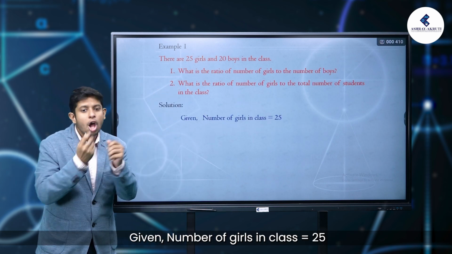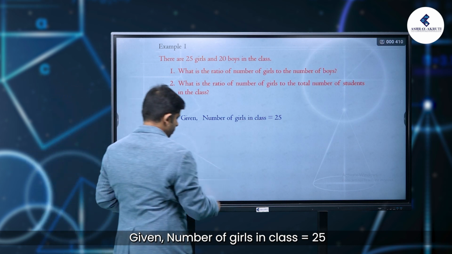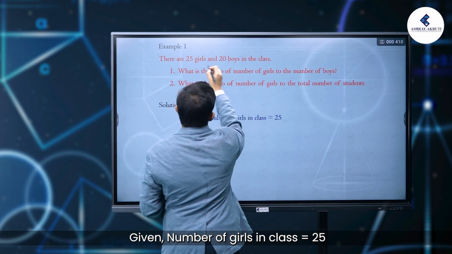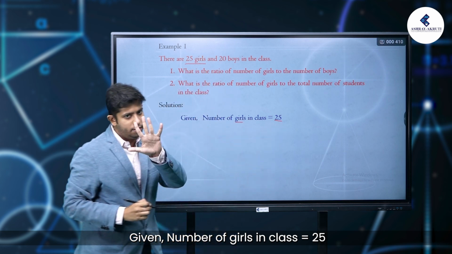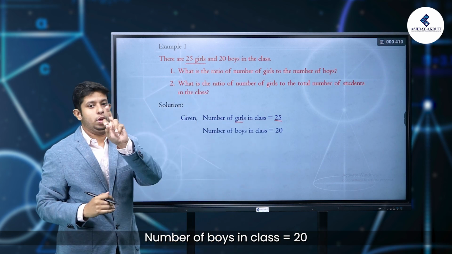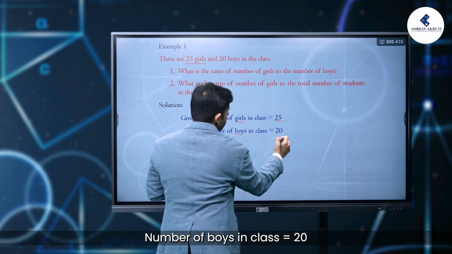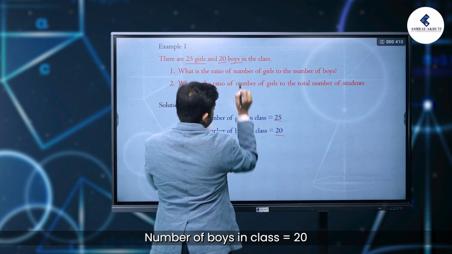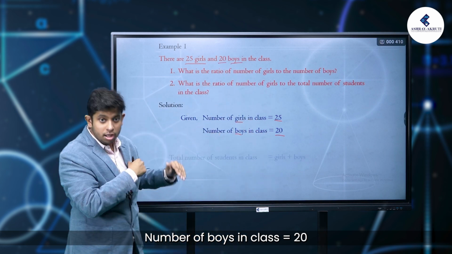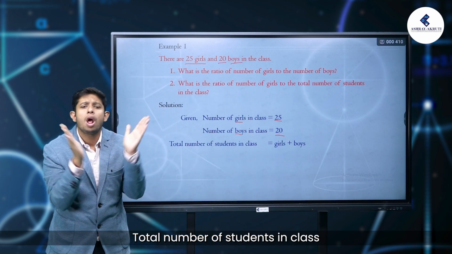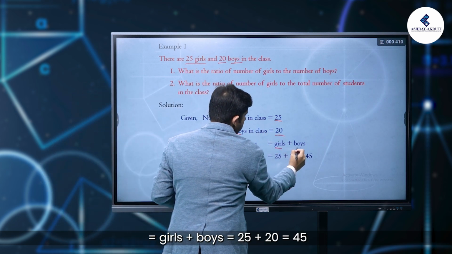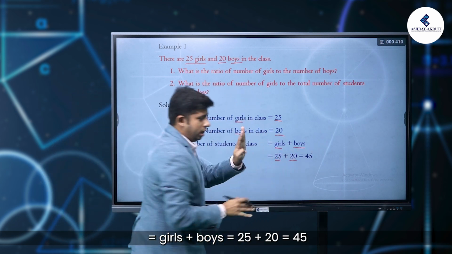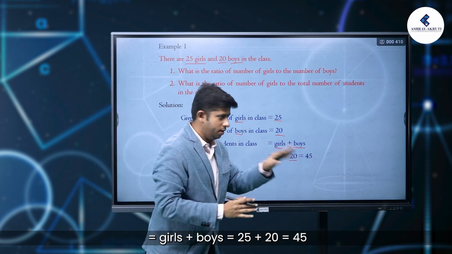Given. Number of girls in the class is equal to 25. Number of boys in class is equal to 20. Total number of students in class is equal to girls plus boys, which is equal to 25 plus 20, which is equal to 45.